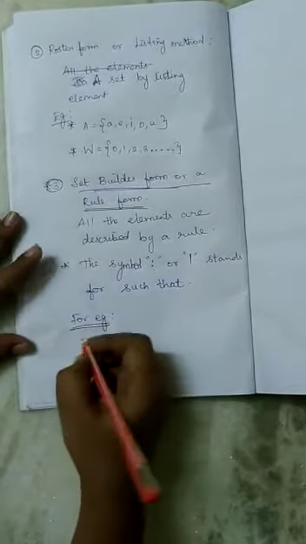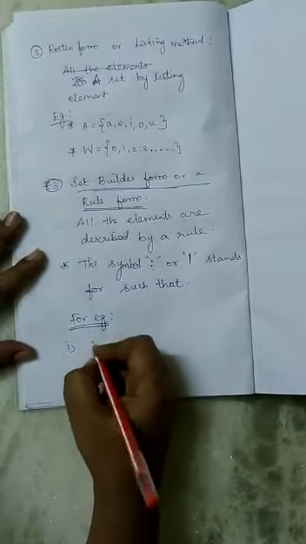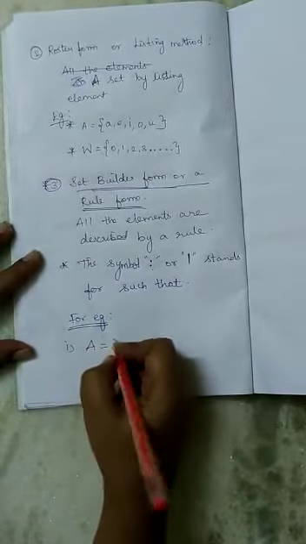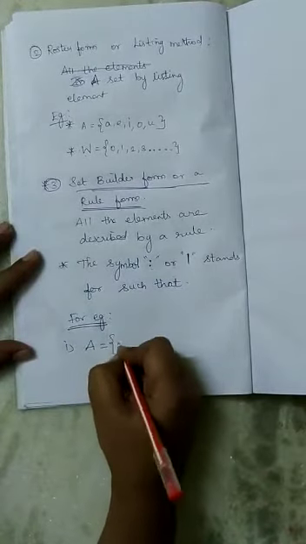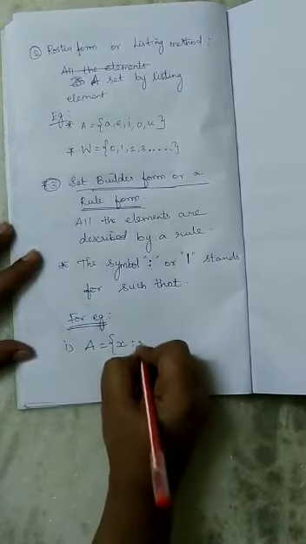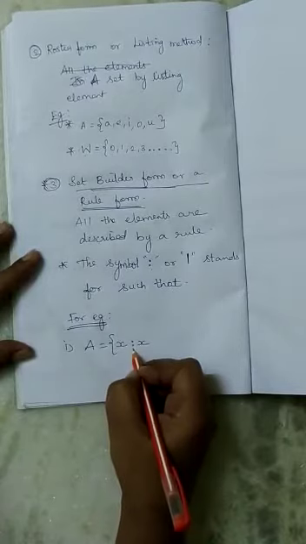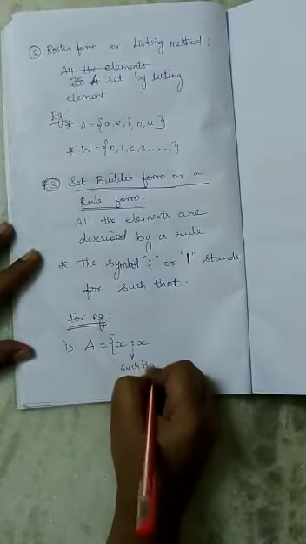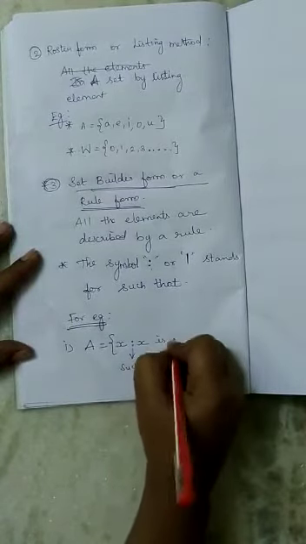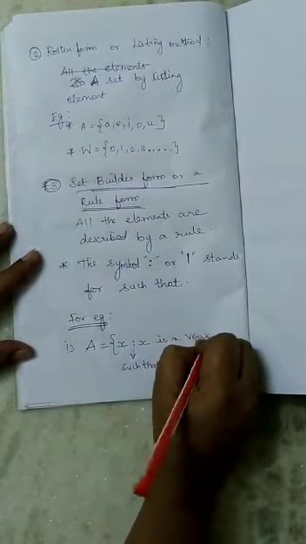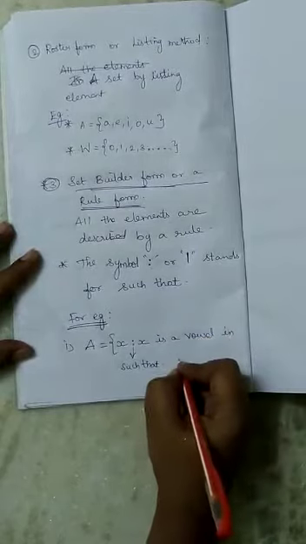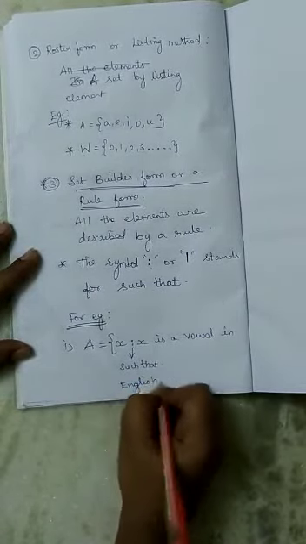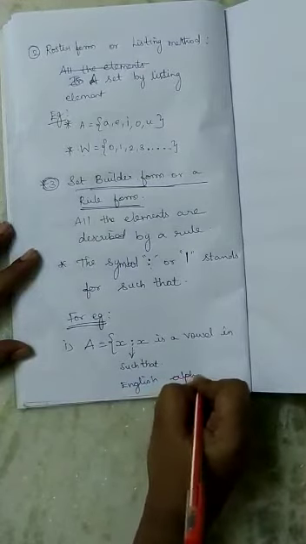Now I am going to show some examples. Listen. Before starting, what should we represent? The name of the set. I am going to take a set and open the curly bracket: X such that X is a vowel in English alphabets.